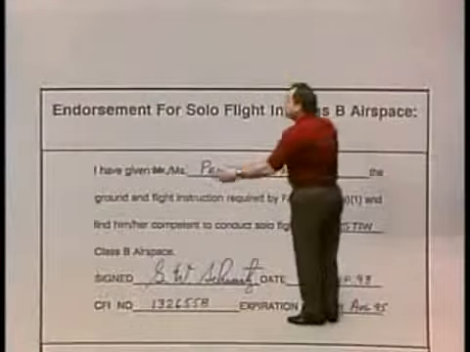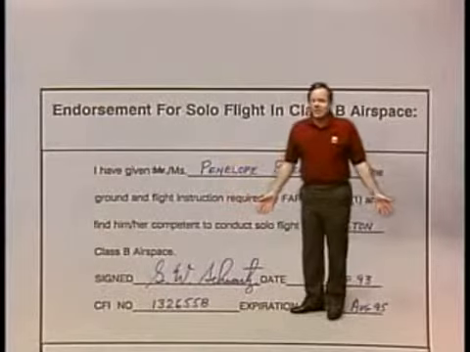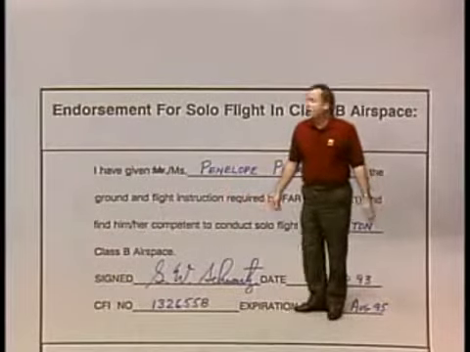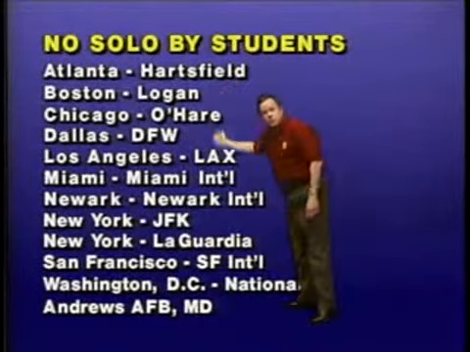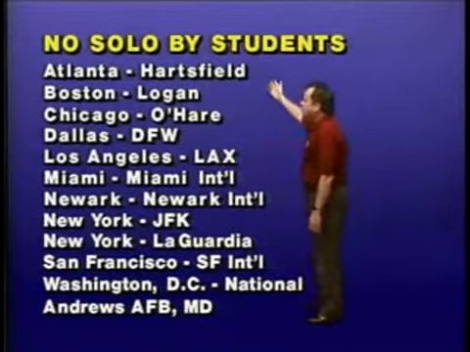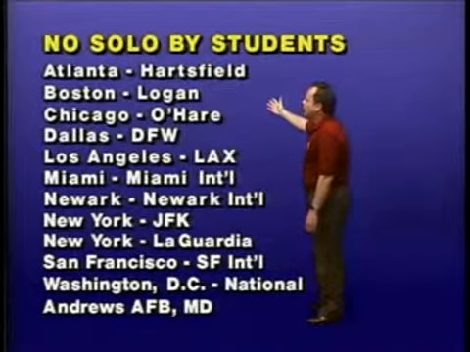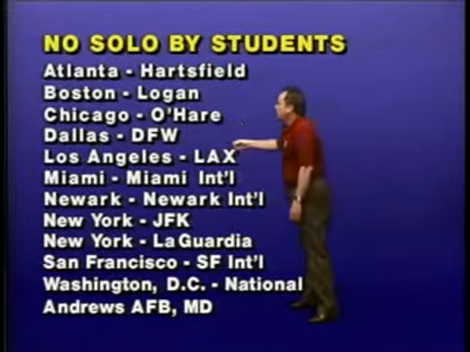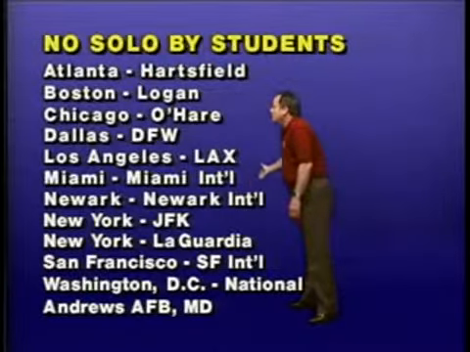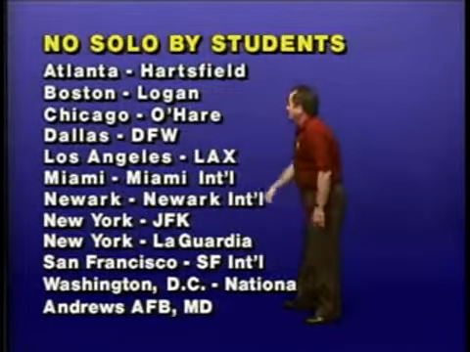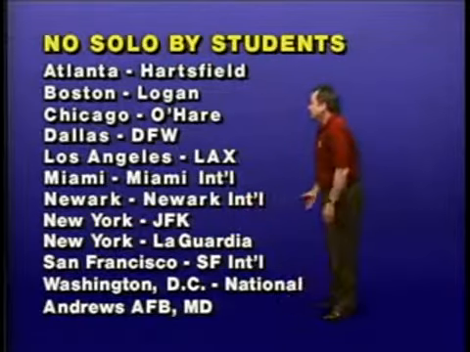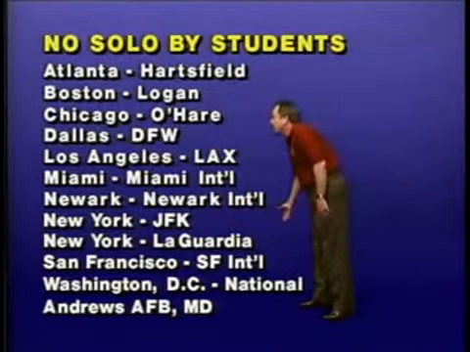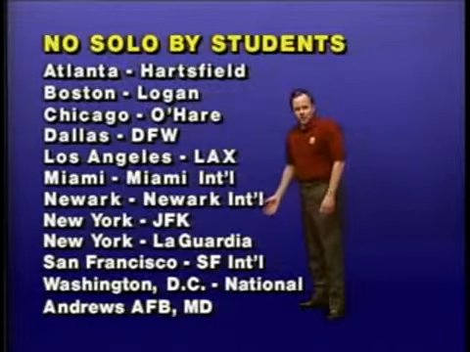But even if a student meets all of these requirements, they still cannot fly solo at these listed Class B airspace airports, but can in the associated airspace, and that's Atlanta Hartsfield, Boston Logan, Chicago O'Hare, Dallas Fort Worth Airport, Los Angeles International, Miami International, Newark International, JFK Airport in New York or New York's LaGuardia, San Francisco International, Washington, D.C. National Airport, and Andrews Air Force Base in Maryland.